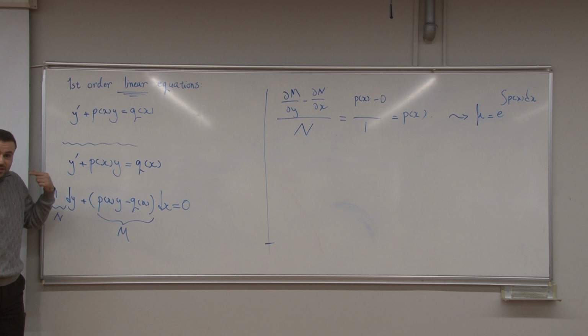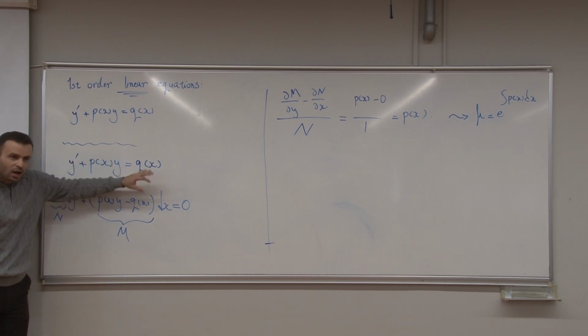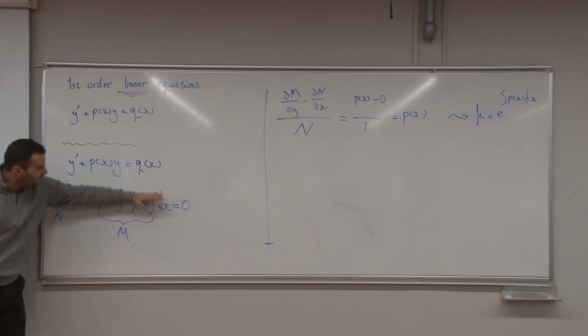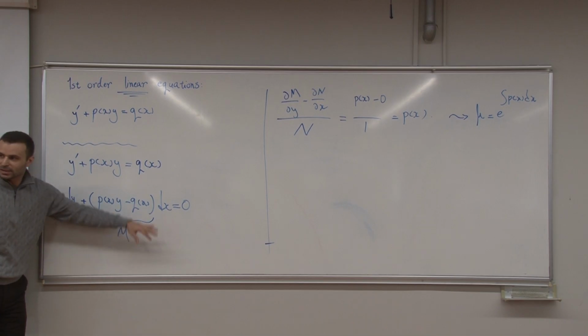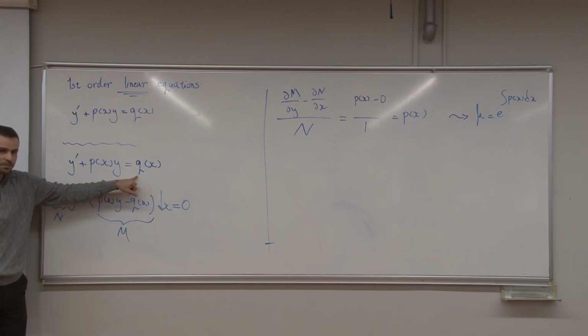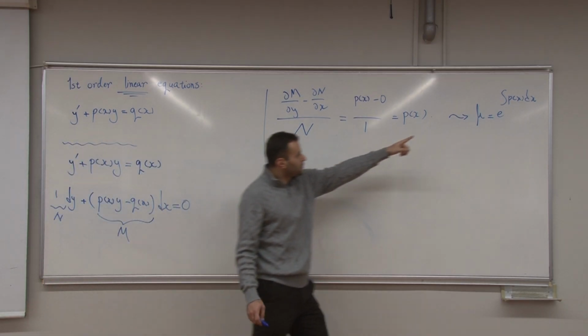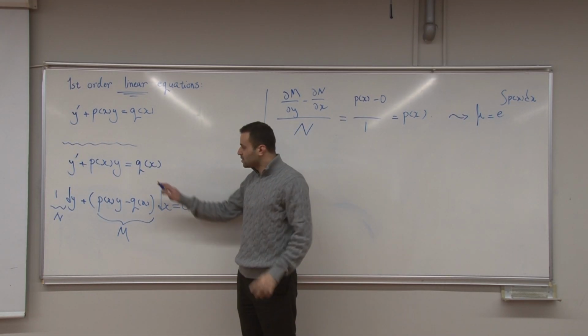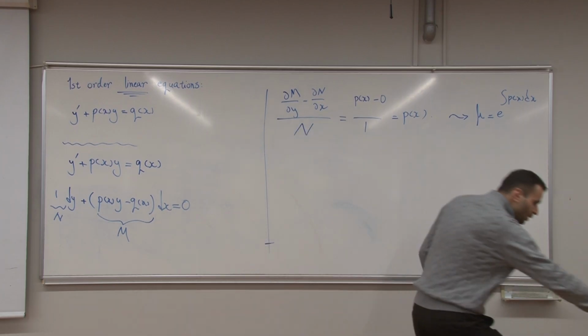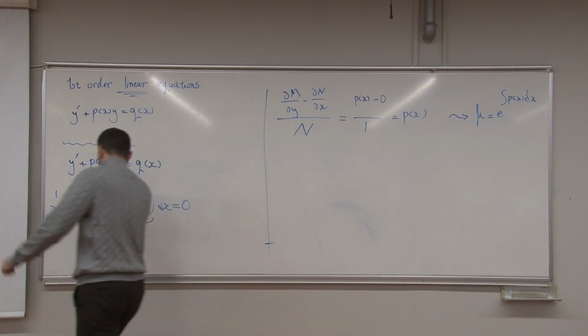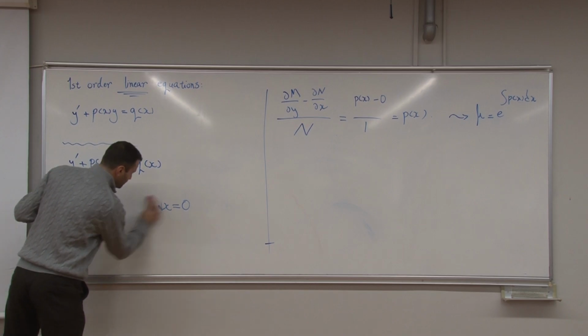But since I am working with the linear forms, I'm giving these details for you to fill in, okay? If I multiply this with this expression, am I going to get something useful or not?